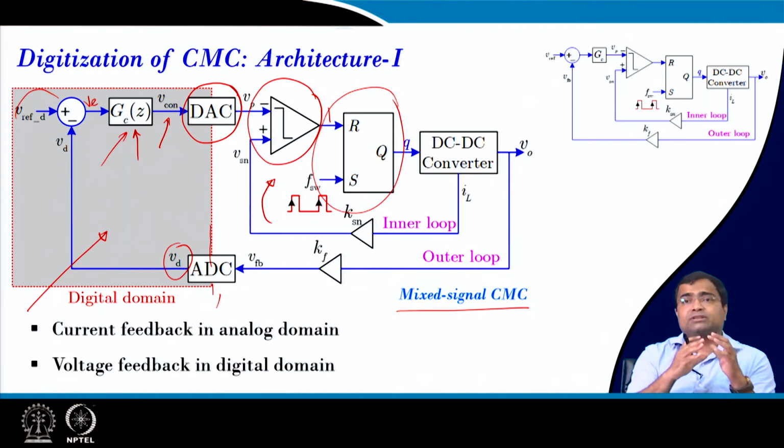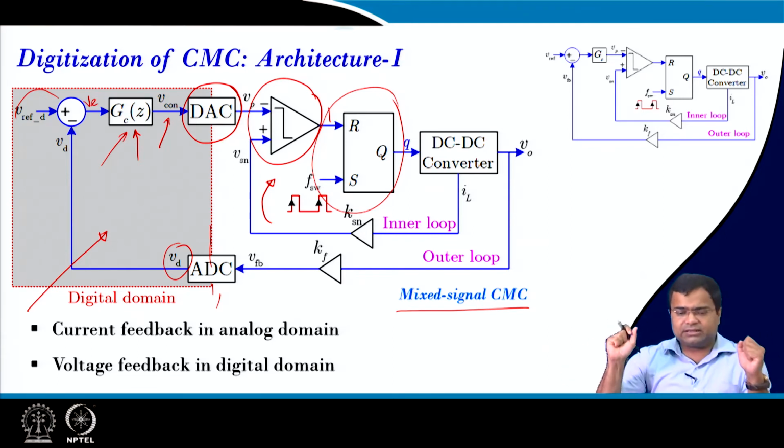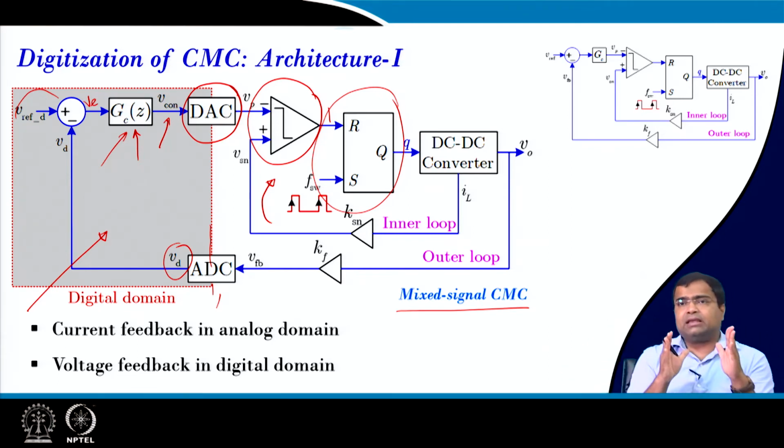If we use the same value of the PI controller for the entire operating range, then, as we discussed in our earlier course, the design of the compensator was carried out based on pole zero cancellation, or there can be a conservative approach. But if we use a fixed gain compensator, then it will be designed based on the worst case, but the converter will not operate at the worst case the majority of the time.